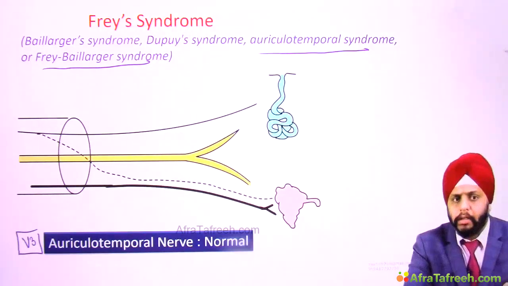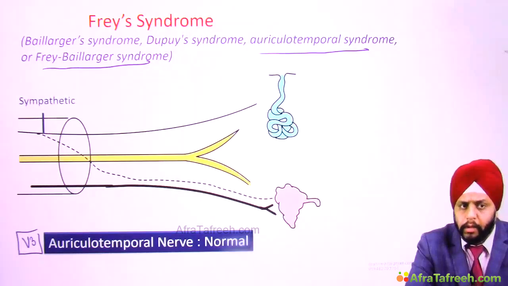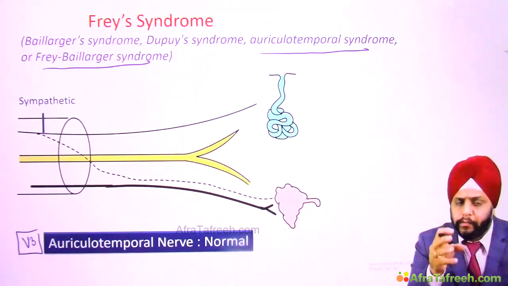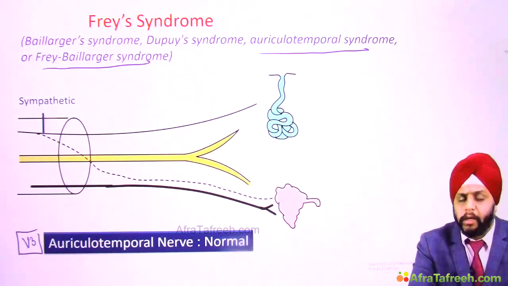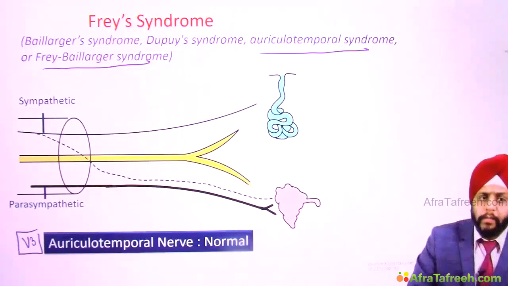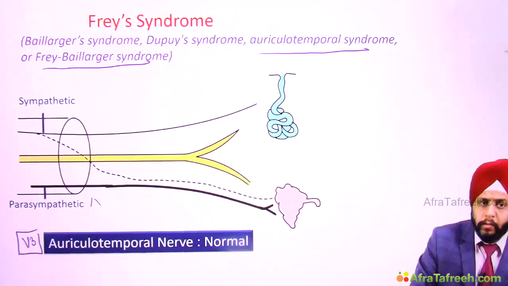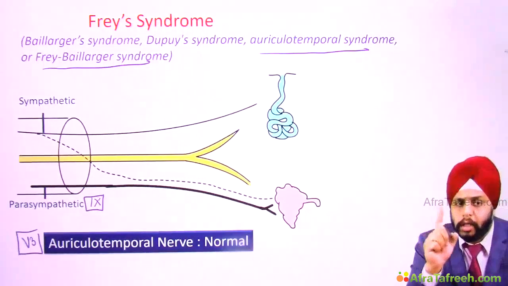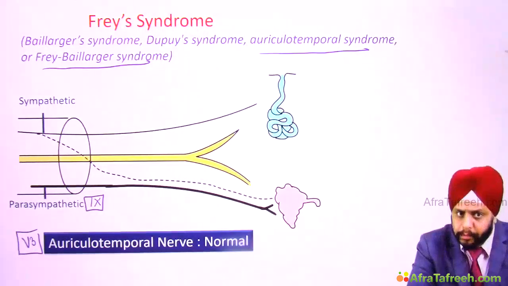Okay, but this auriculotemporal nerve has the sympathetic fibers from the mandibular nerve, but it also has the parasympathetic fibers which it has stolen from the lesser petrosal nerve, 9th cranial nerve, glossopharyngeal fibers, remember?